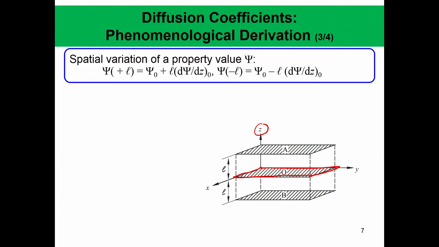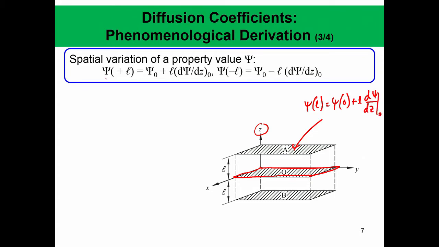So now we can write, by using Taylor series expansion, that this property at xi L is equal to xi 0 plus L times d xi dz at plane 0.